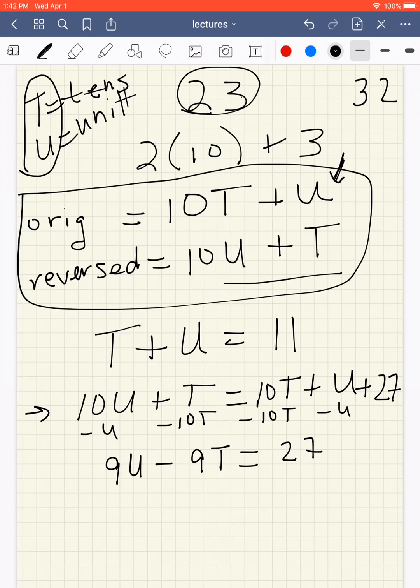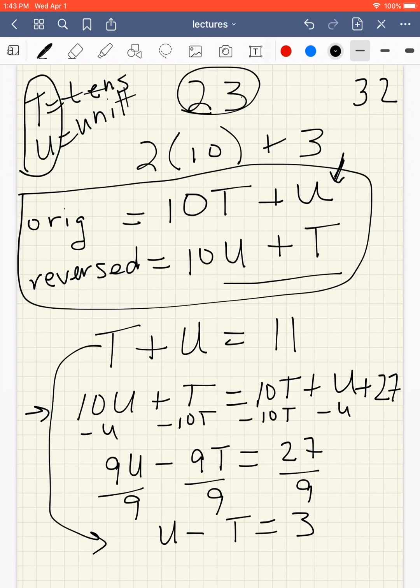Everything can be divided by 9, correct? So divide everything by 9. So that gives us u minus t equals 3. Well, I can take this equation right down here and write it as u plus t equals 11.